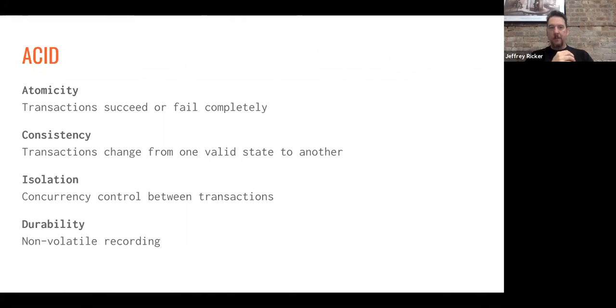And then isolation means that transactions running in parallel are the same as them running in series, that they cannot step on each other and form this invalid state. And then finally, durability means that if the system crashes or we lose power, those valid states are recoverable.